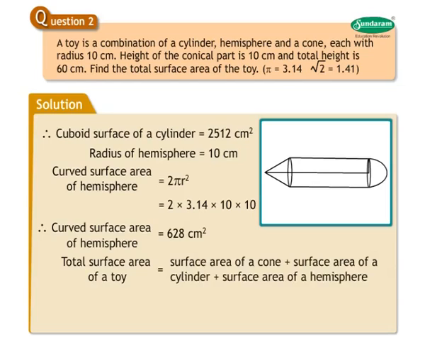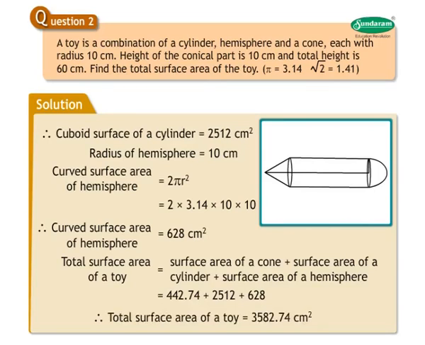Total surface area of the toy is equal to surface area of the cone plus surface area of cylinder plus surface area of hemisphere, which is equal to 442.74 plus 2512 plus 628. Therefore, total surface area of the toy is equal to 3582.74 square centimeters.